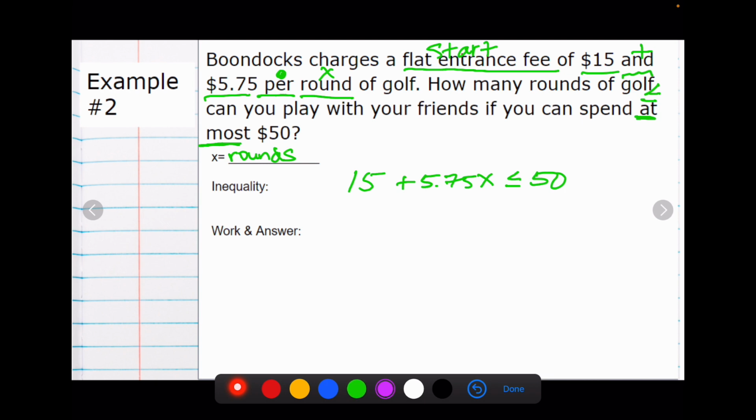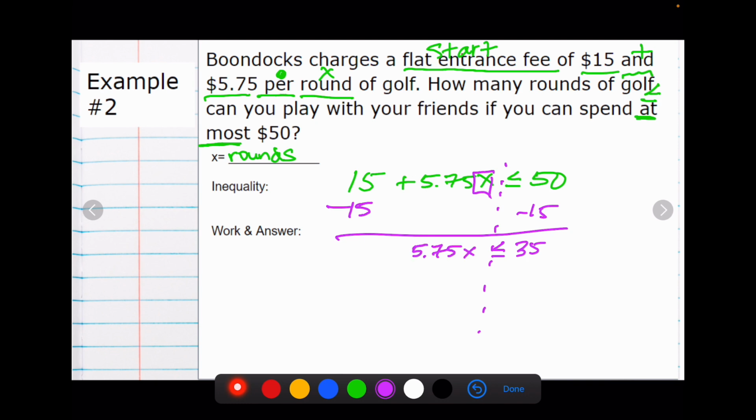Okay, we're going to head and work this out. Again, we're going to solve for x, get x by itself. I'm going to subtract 15 on both sides. So 50 minus 15 is 35. Going to keep my symbols the same because I've only subtracted.